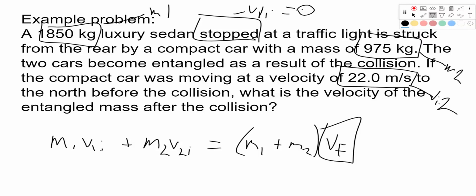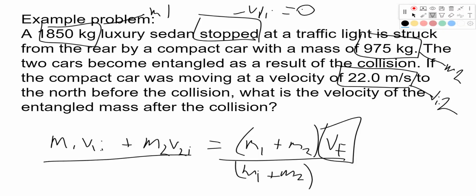So now it simply becomes a matter of either plugging these numbers into the equation and solving, or you can attempt to isolate the velocity final, which would just involve dividing both sides by mass of 1 plus mass of 2, right?